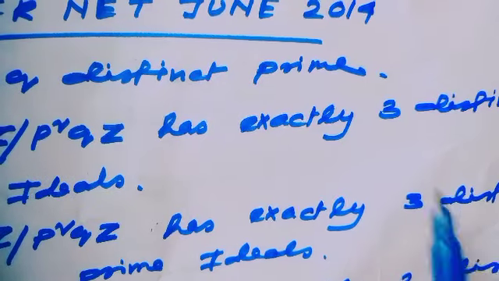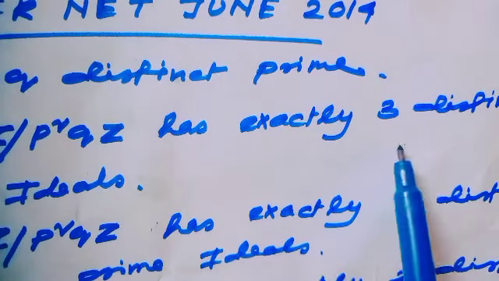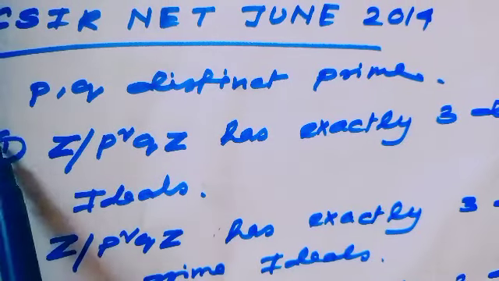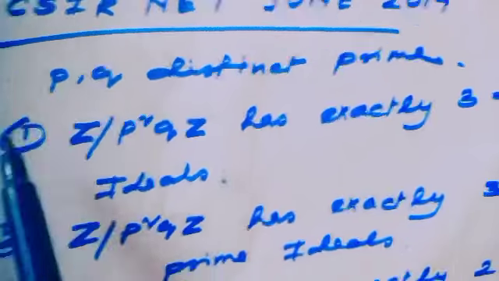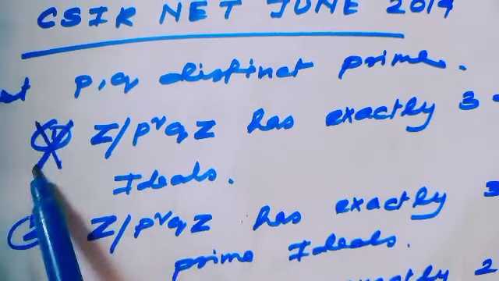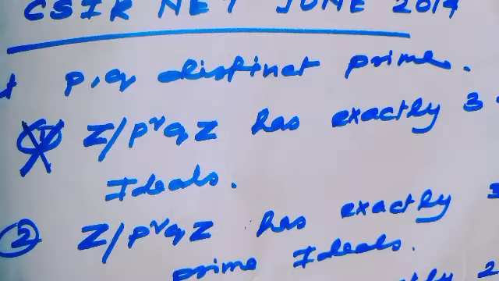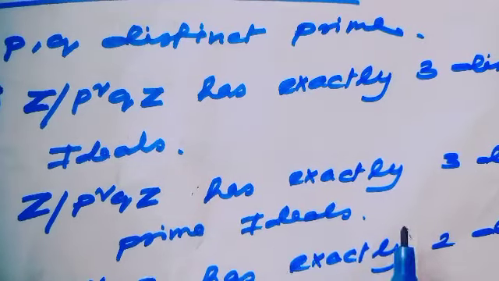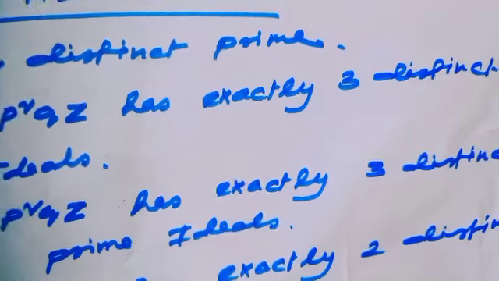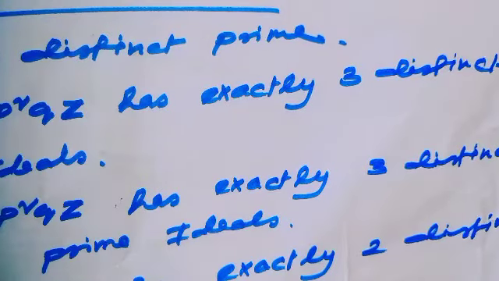Option 1 indicates Z mod p² qZ has 3 distinct ideals, but Z mod p² qZ has exactly 6 distinct ideals. So obviously option 1 is wrong. And option 2 indicates Z mod p² qZ has exactly 3 distinct prime ideals.